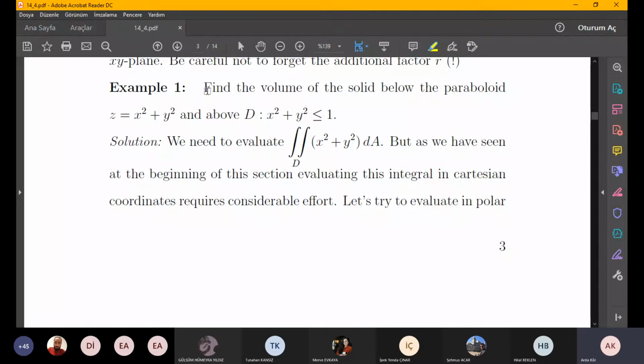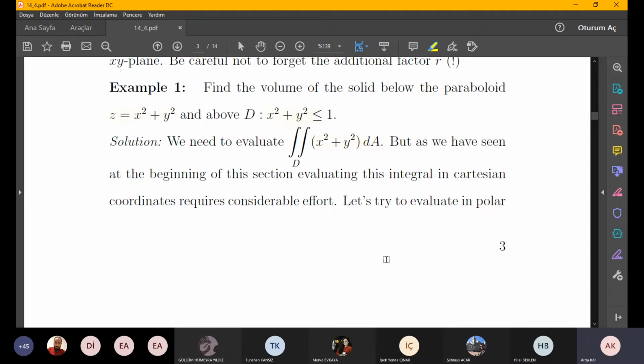Find the volume of the solid below the paraboloid and above the unit disk. So we need to evaluate, if we define it in the Cartesian system, the double integration of f(x, y), which is x squared plus y squared, the paraboloid, over D, which is the unit disk.